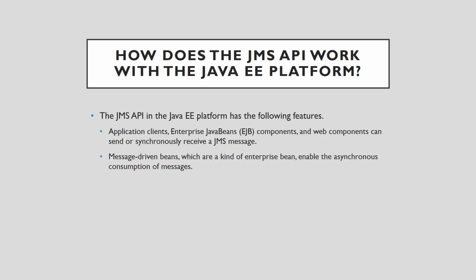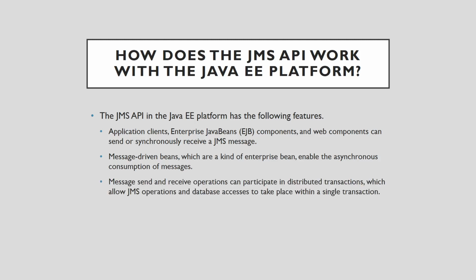And message-driven beans, which are a kind of enterprise bean, enable the asynchronous consumption of messages. That is, a JMS provider can optionally implement concurrent processing of messages by message-driven beans. And message send and receive operations can participate in distributed transactions, which allows JMS operations and database accesses to take place within a single transaction.